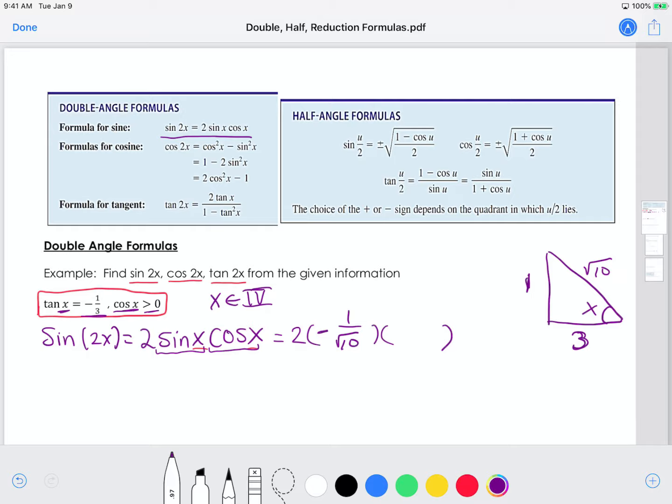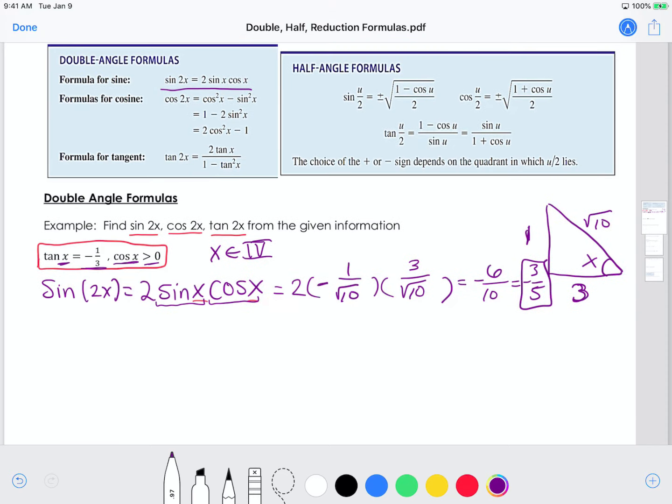Cosine of x is the adjacent side over the hypotenuse, and cosine in the fourth quadrant is positive, so this is just going to be 3 over the square root of 10. Now when I multiply that all together, I get negative 6 over 10, which I can reduce to negative 3/5. So sine of 2x is negative 3/5.